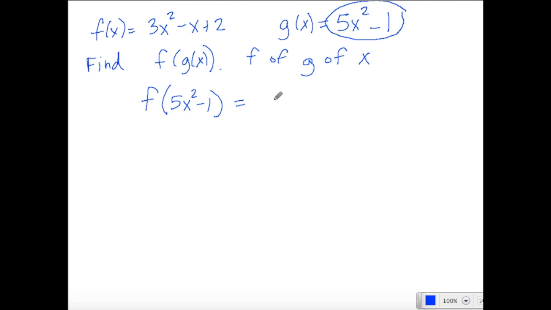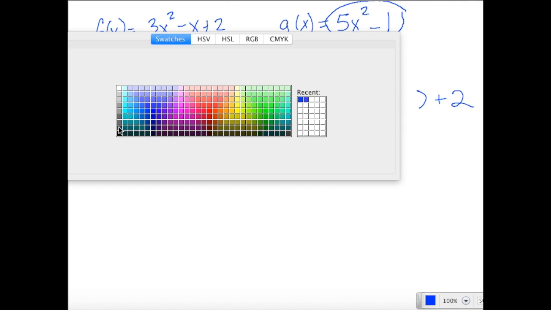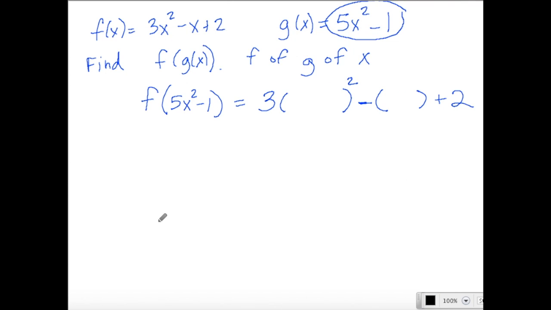So what I'm going to do is use two different colors here. This is f of x: 3x squared minus x plus 2. And then I'm going to change my color, and I'm going to put 5x squared minus 1 right here.